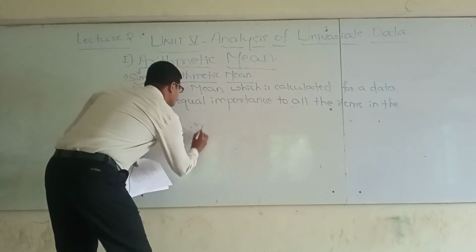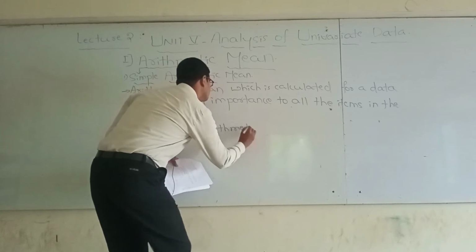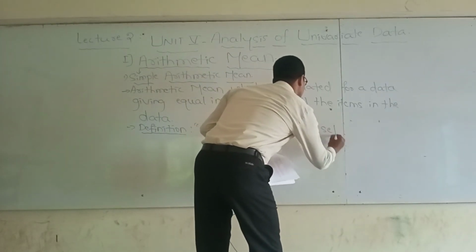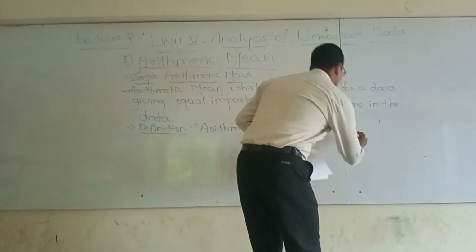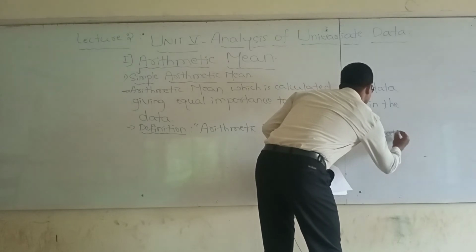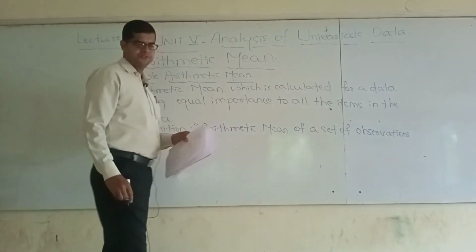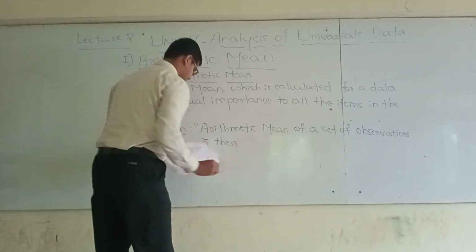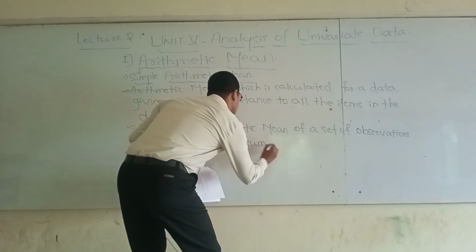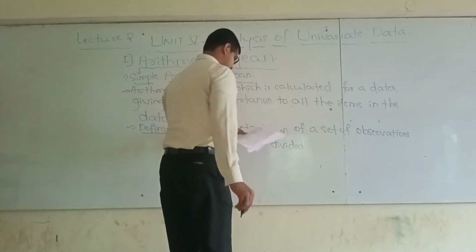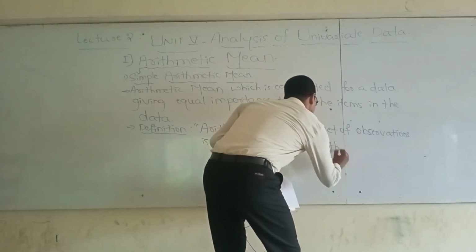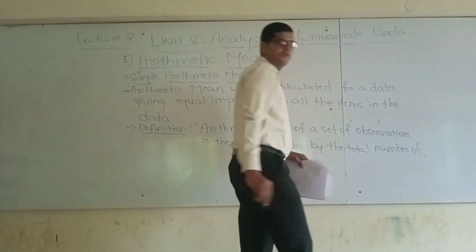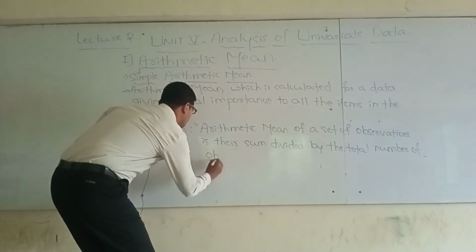Arithmetic mean of a set of observations is their sum divided by the total number of observations.